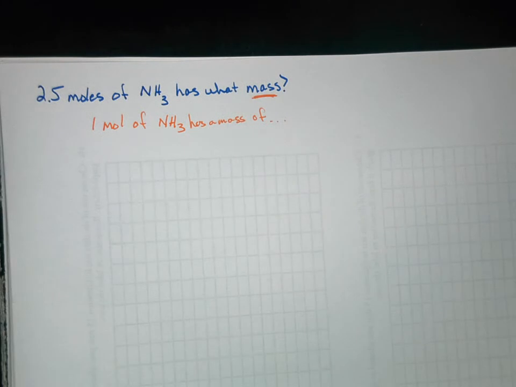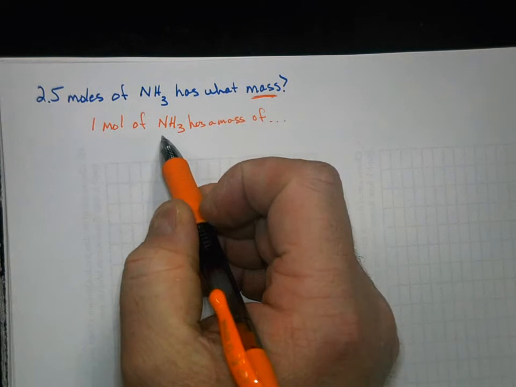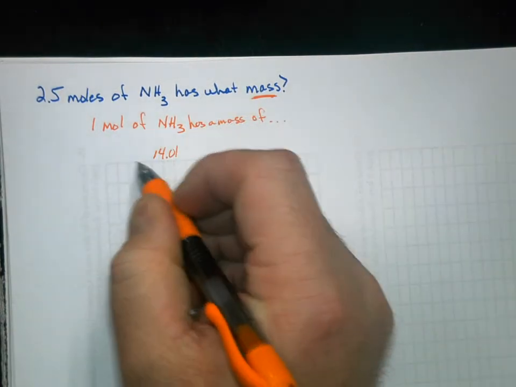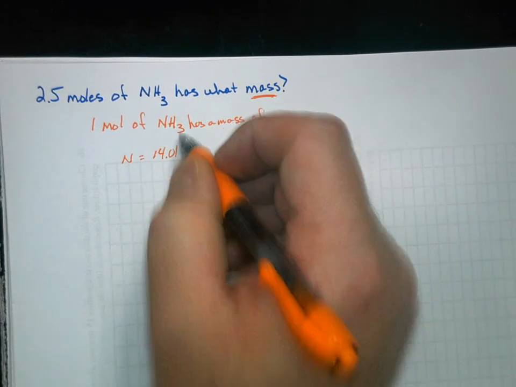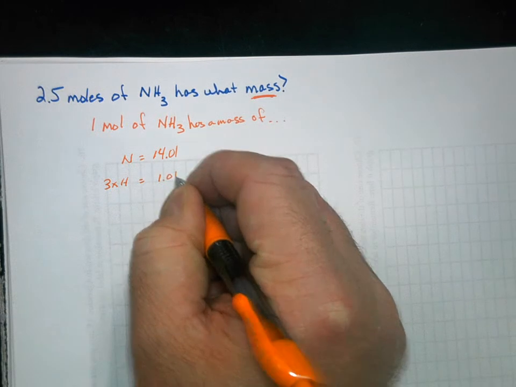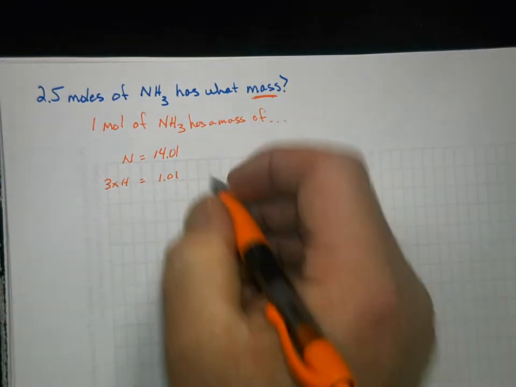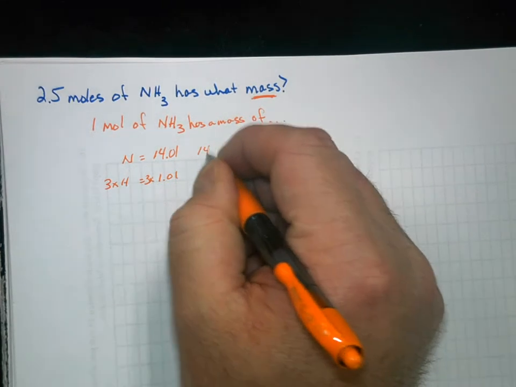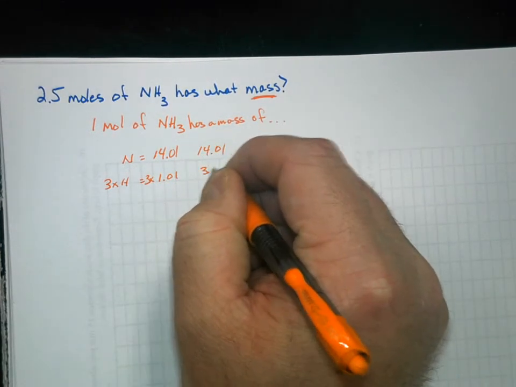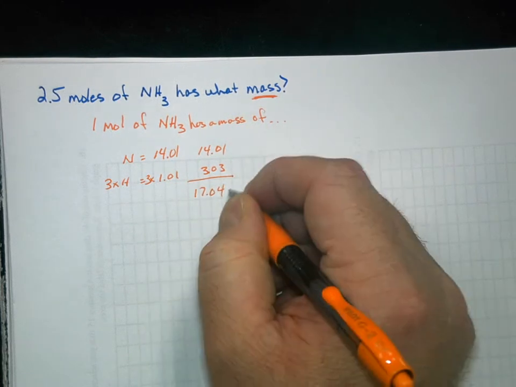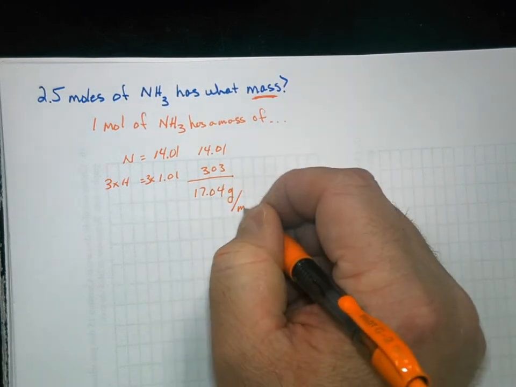So how do we find the molar mass of something? You guys remember this? We have our nitrogen here that has a mass of 14.01, and we have 3 hydrogens, and those are 1.01 each. That gives us 14.01 plus 3.03, which is a total of 17.04 grams per mole.